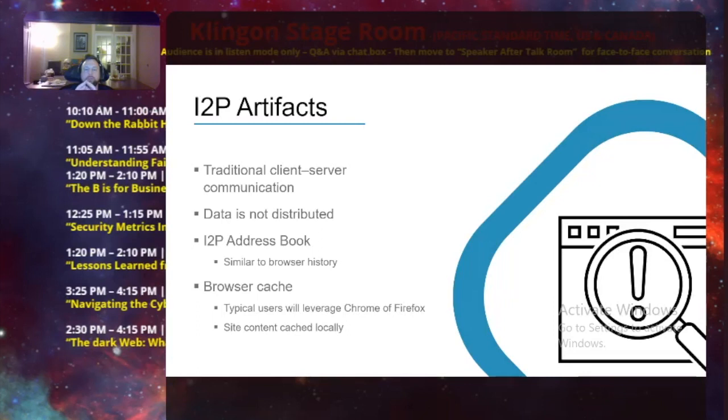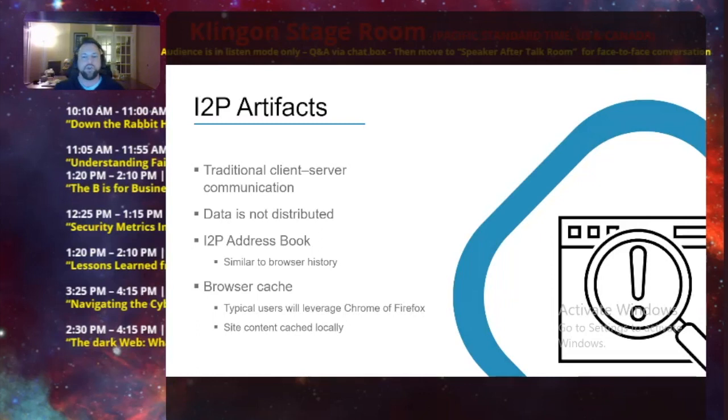One of the components of I2P, which can be extracted from the installer, or you can simply install it and download, is the default address book. Every I2P node is going to come with and provide the same copy of this address book during install, so that it can access a basic set of minimal, we'll call it trustworthy, services.